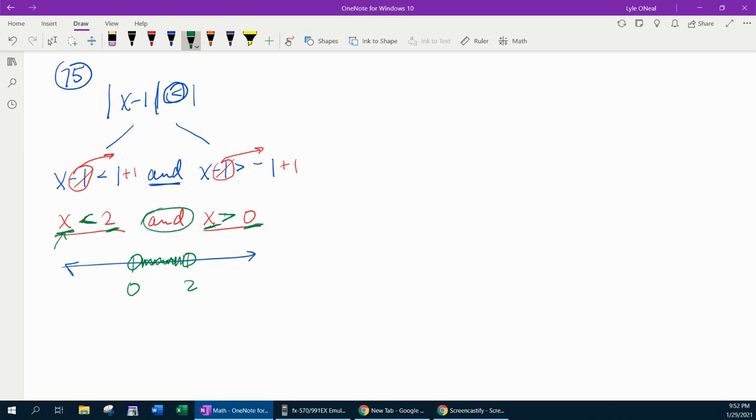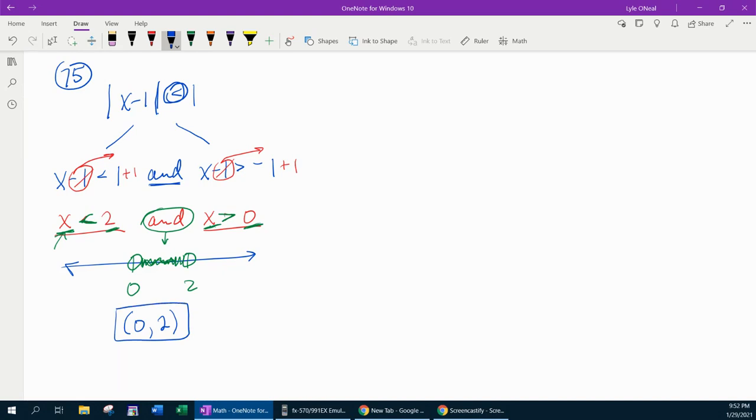Now that's where the and comes from. If it's an and inequality, you're going to have shading in between. If it's an or, you're going to have shadings on the outside. But there's the graph done. The last thing we're going to do is we're going to write this solution in interval notation. That's going to be everything from 0 to 2.